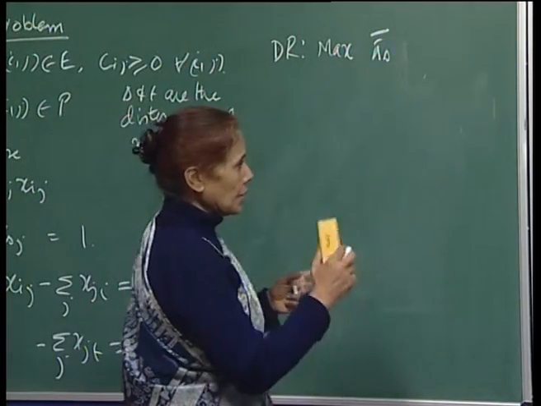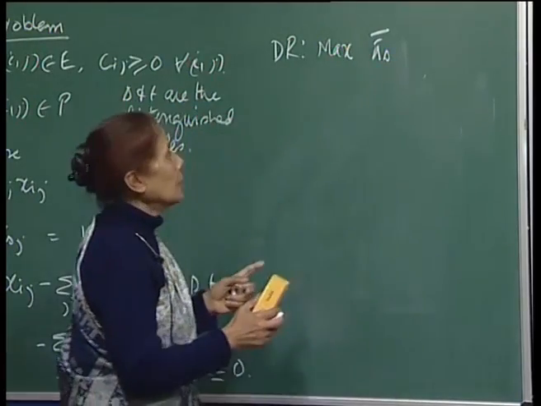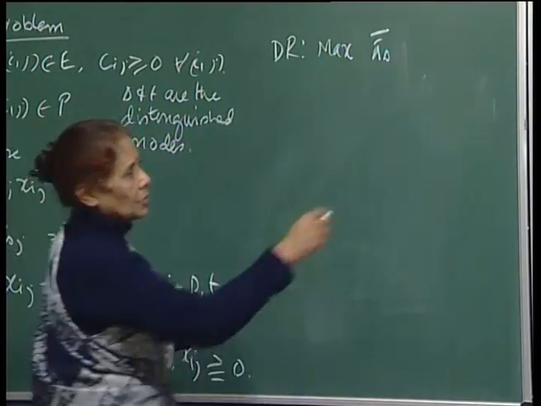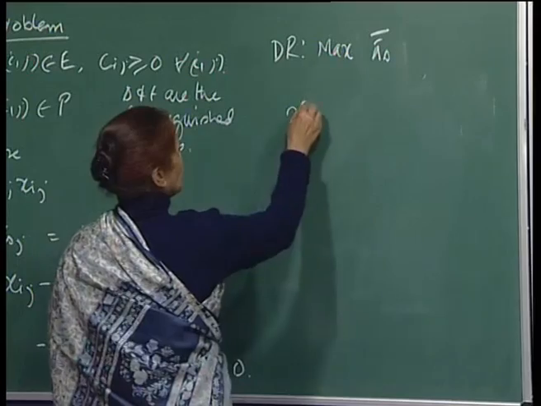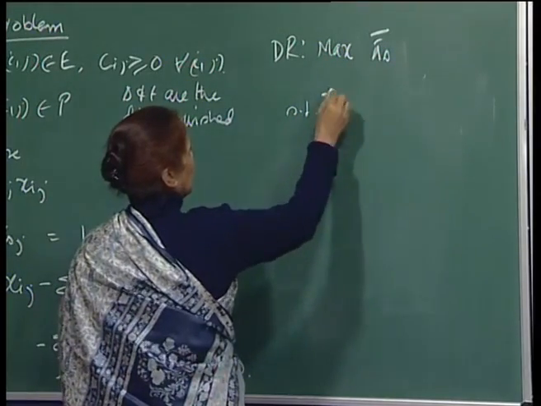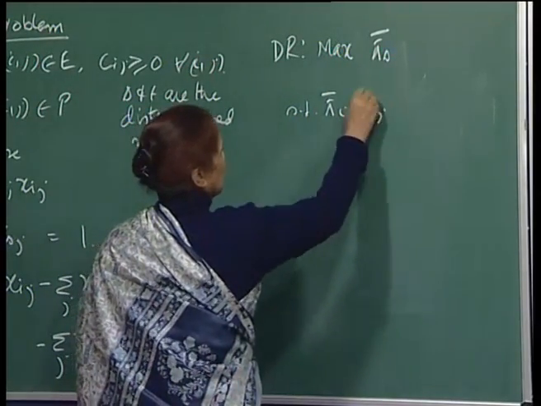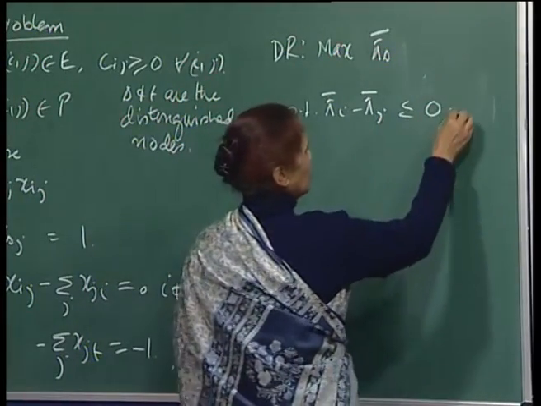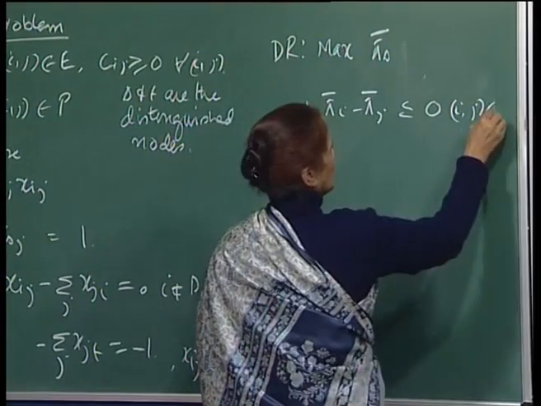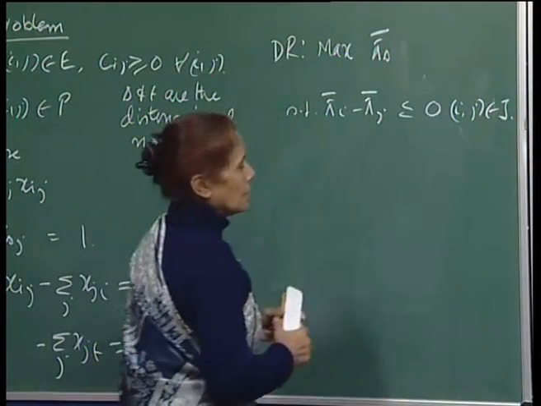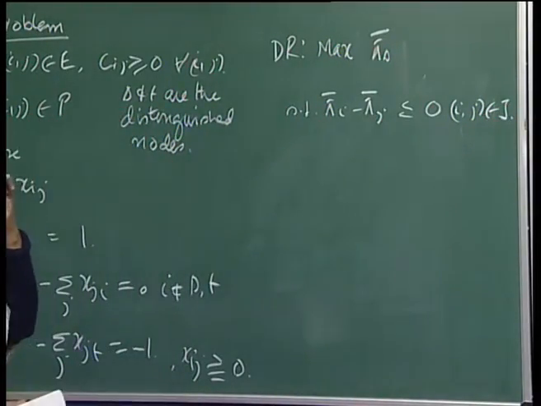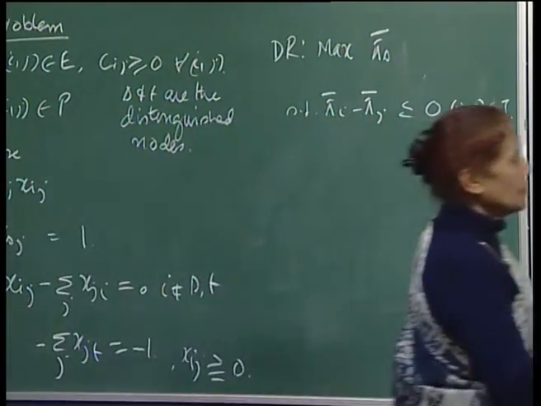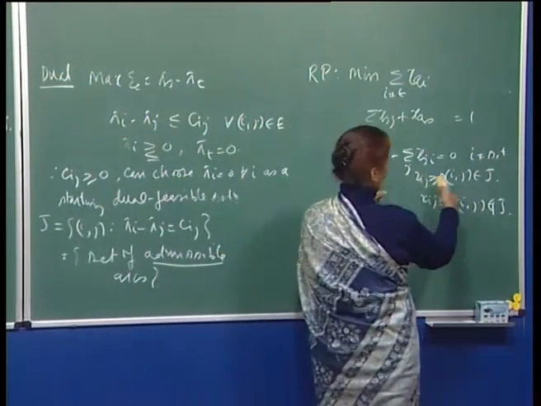The restricted dual variables are with the bar, pi s bar, because you have 1 there, subject to pi i bar minus pi j bar less than or equal to 0 for ij belonging to J. Yes, because I only permit those columns for which the arc is admissible.